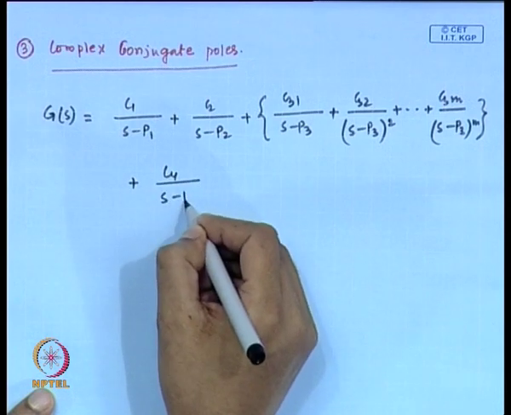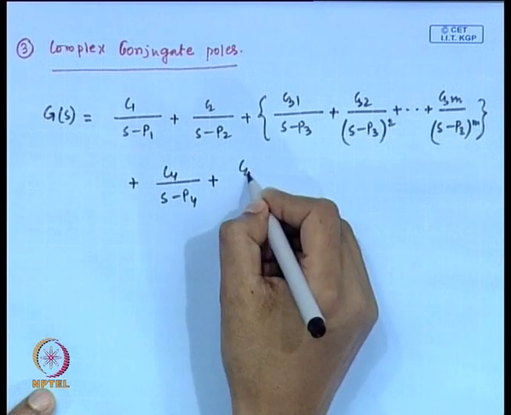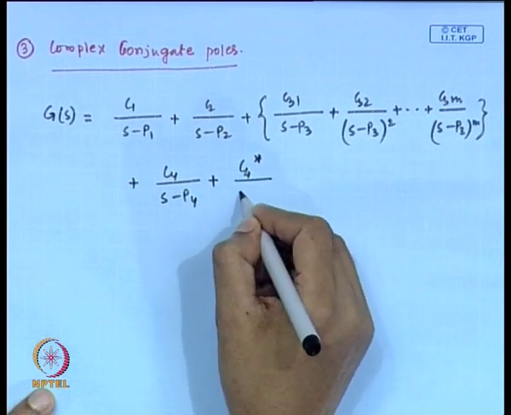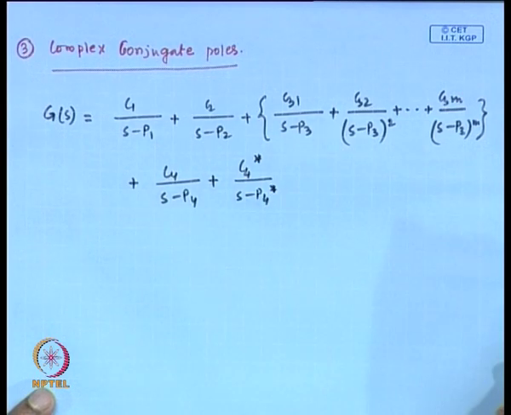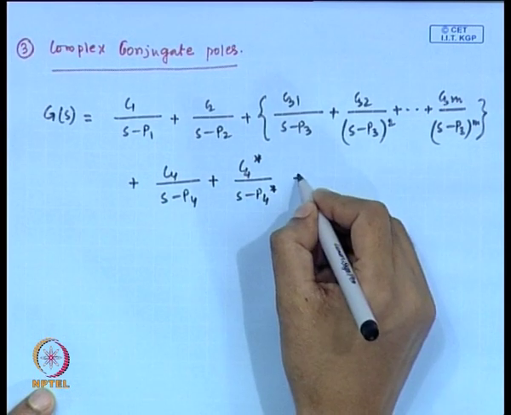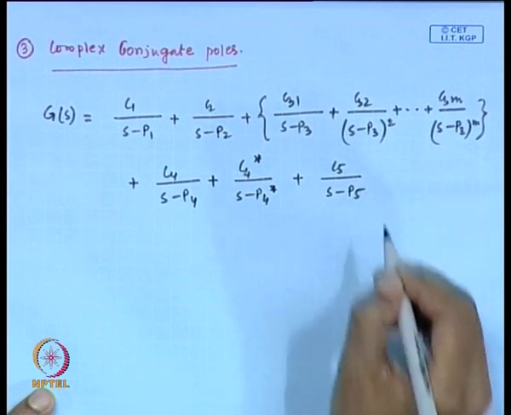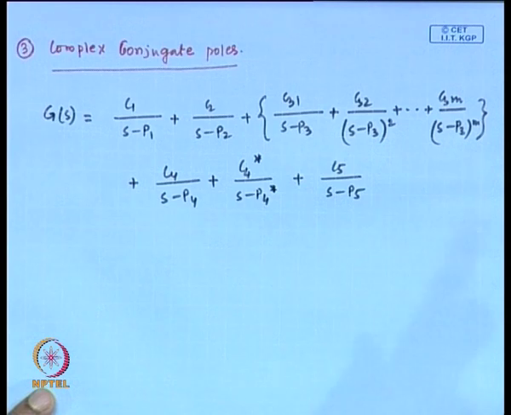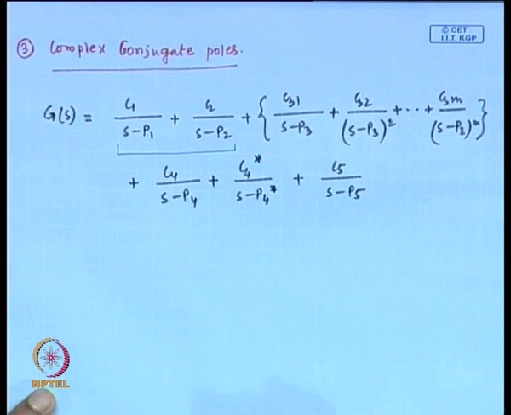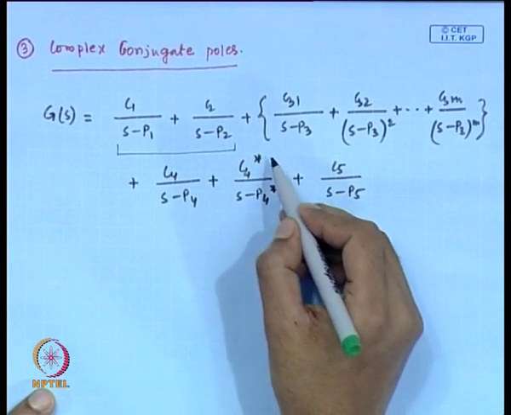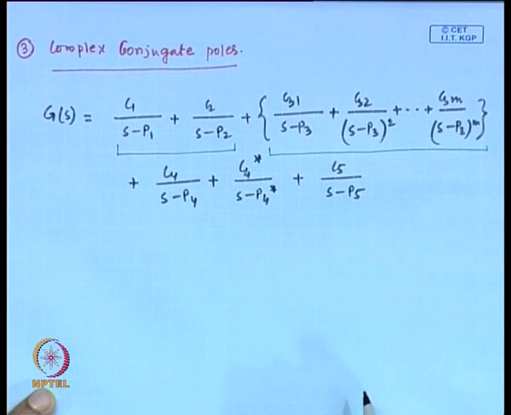So, now we will consider this part, C 4 divided by s minus P 4 and C 4 star divided by s minus P 4 star, and in the fourth case we will consider C 5 divided by s minus P 5. This we have already considered for the distinct two real poles. This part we have considered for multiple real poles.